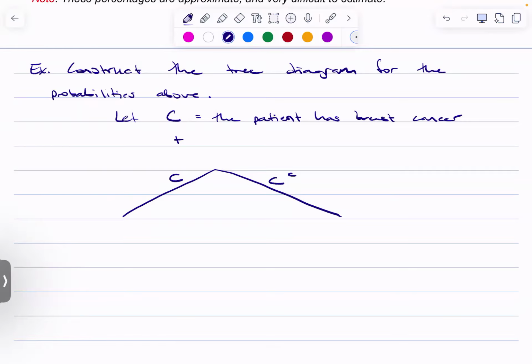Positive test means that it says that you have breast cancer. Now, of course, if you have cancer and you get a positive test, that's a good thing, right? It's bad if it misses it, right? But if you don't have cancer and you get a positive test, that's actually a bad thing, but it's better to be safe than sorry, right? And so that's where we get our false positives from.